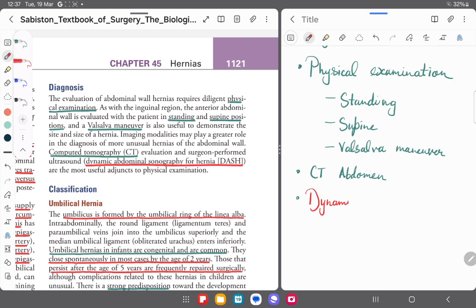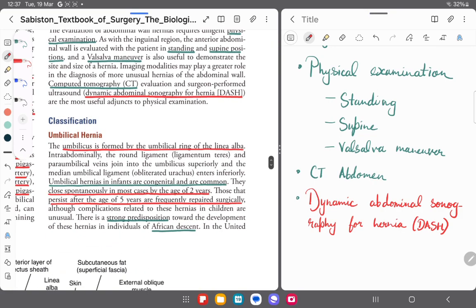Dynamic abdominal sonography for hernia.